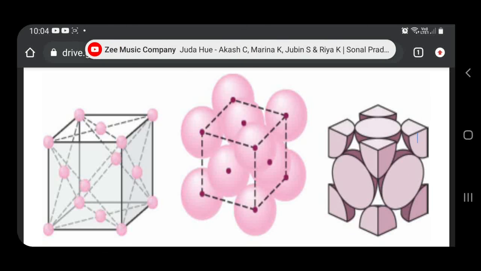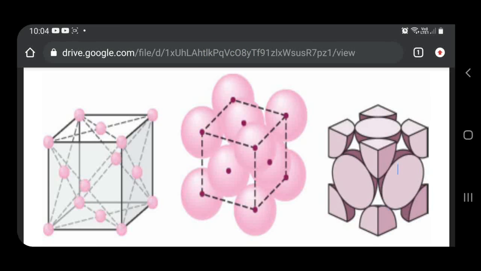At each corner you can observe 1/8, such 8 corners are there. 1 by 8 into 8 is 1 atom, and on 6 faces only half is contributing, that is 6 into half, so it is 3 plus 1. So 4 lattice points per unit cell.